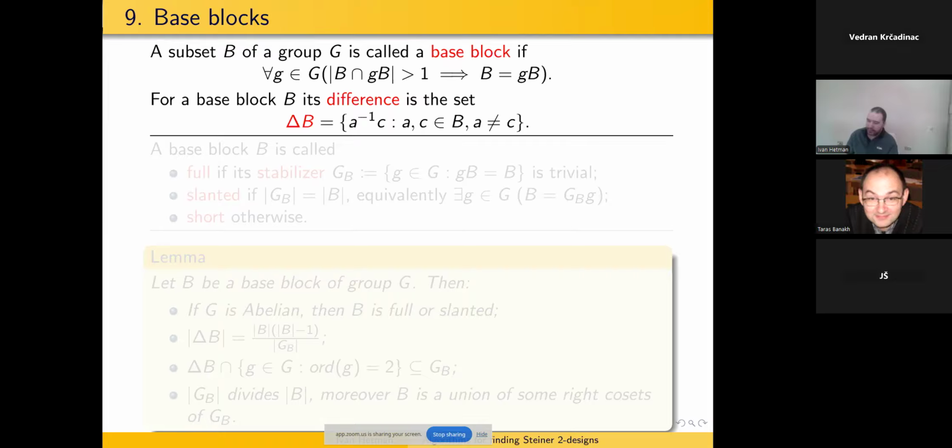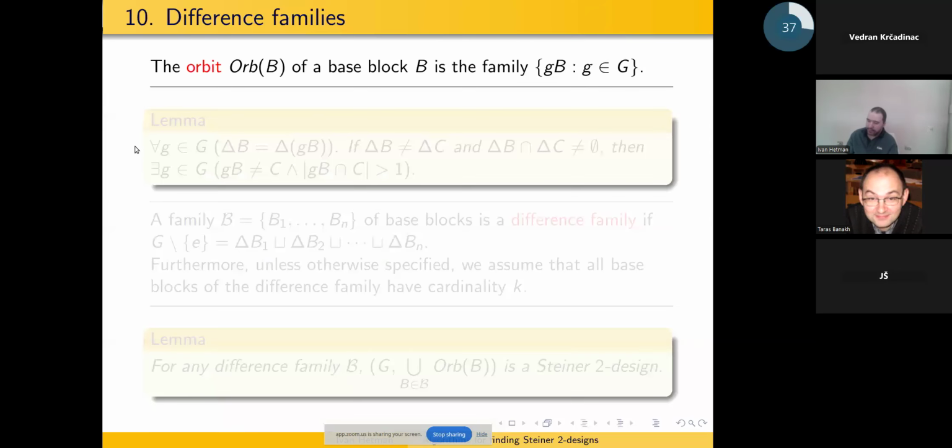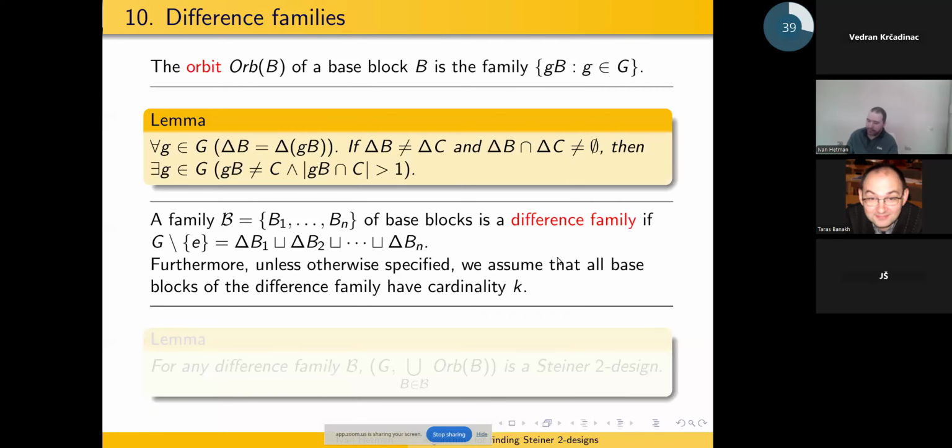These are basically the similarities between today's talk and the previous talk. Regarding the base block, there was also a difference family, so let me remind what it was, because my definition of a difference family or G spaces will be somehow similar.